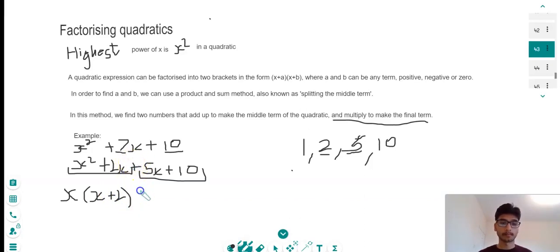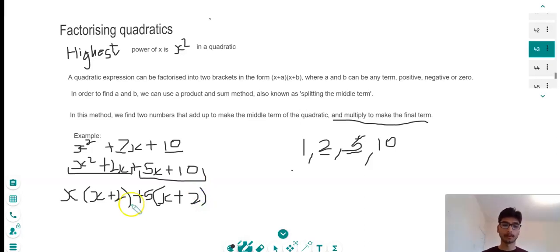Then we have the plus, and in these two terms we can see that x is not common because there's no x with a 10, so it has to be a number, and we can see it has to be 5 because 5 goes into this one once and goes into this one twice. So it would be 5 taken out in brackets, x in the brackets, and then we have 2 because 5 times 2 is 10.